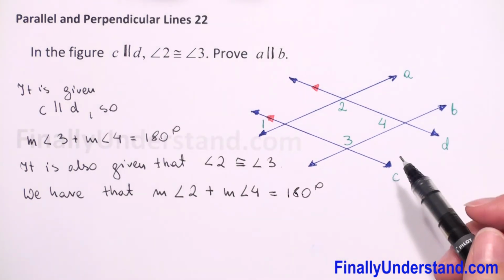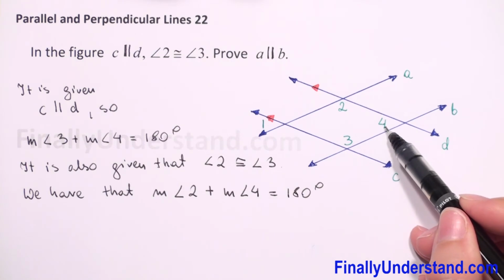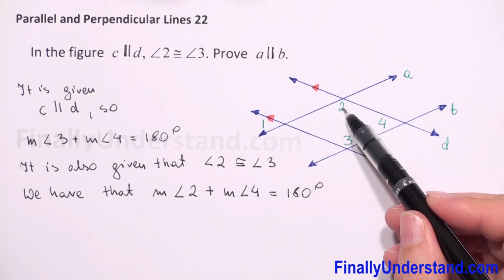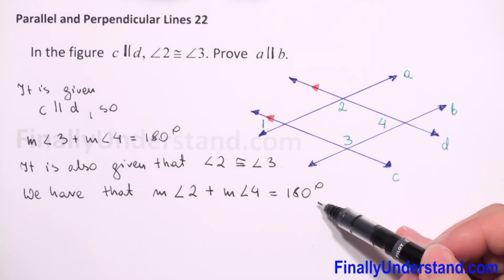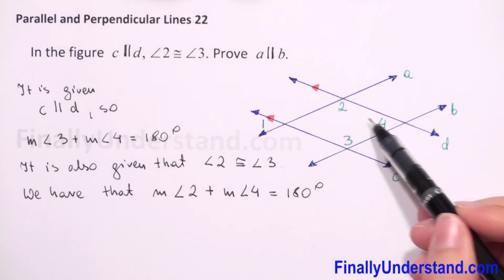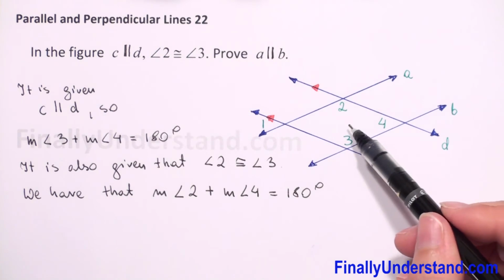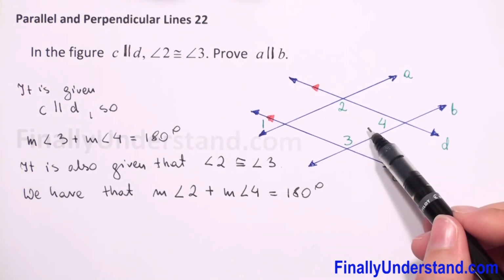So because the measure of angle 4 and the measure of angle 2 is 180 degrees, we have here pairs of consecutive interior angles.